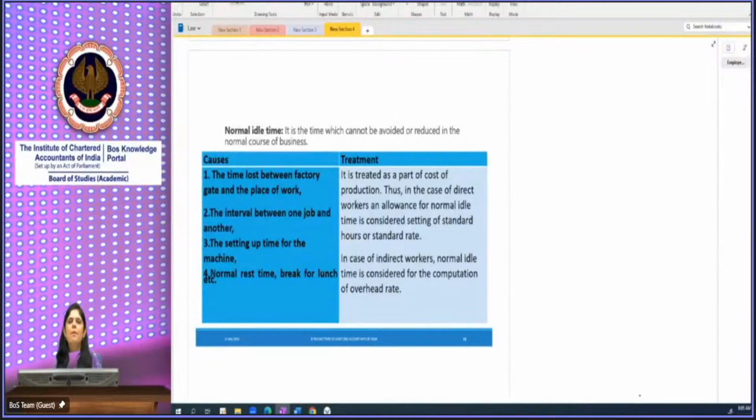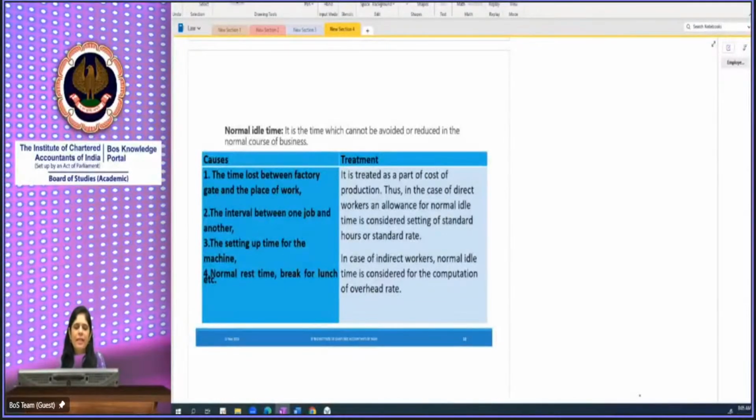It's always a part of overheads or the costing profit or loss account. All right. So any normal idle time will always be part of the production cost. It will be absorbed by the good units, good hours. And abnormal idle time will never be included in the production cost. It will go to the costing profit or loss account.